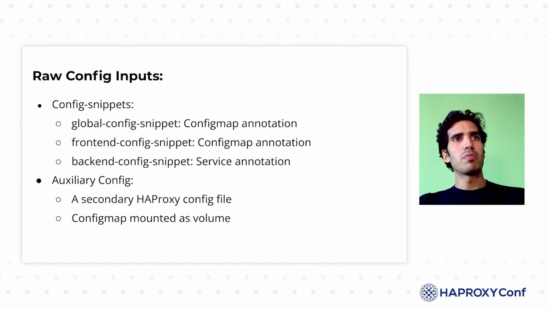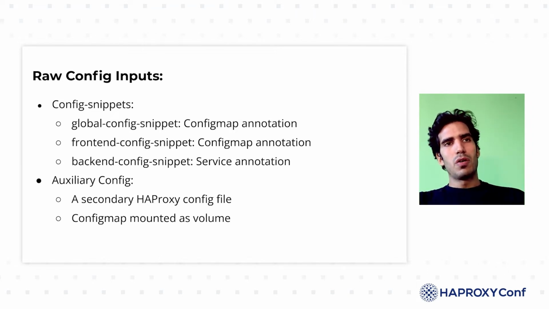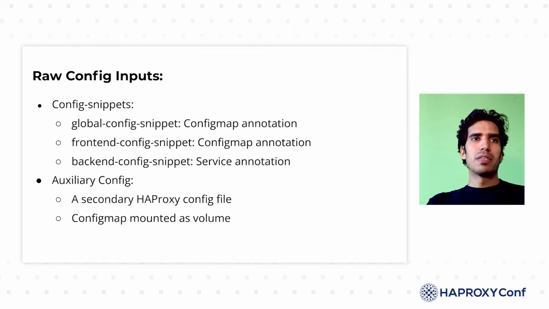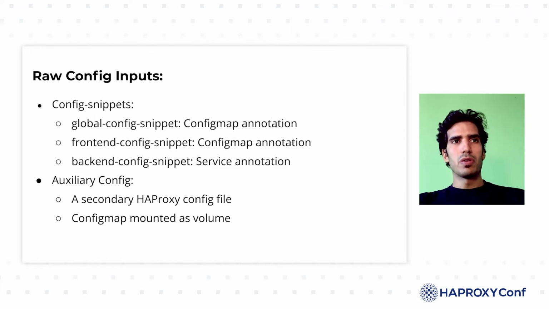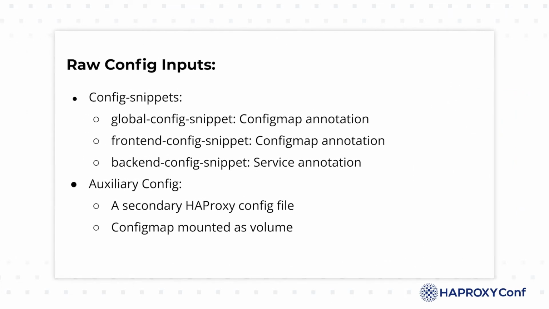So we can have them in the global section, the frontend section, or the backend section. And auxiliary configuration, we use it to insert whole sections. So this can be a backend section that we want to have in the auxiliary config file. It will be the static backend, or we can have peers sections or resolver sections.